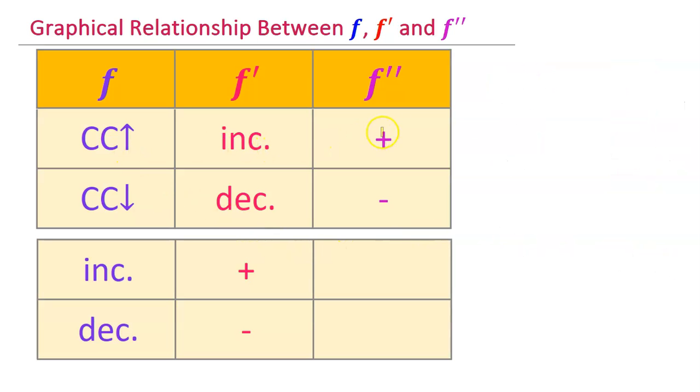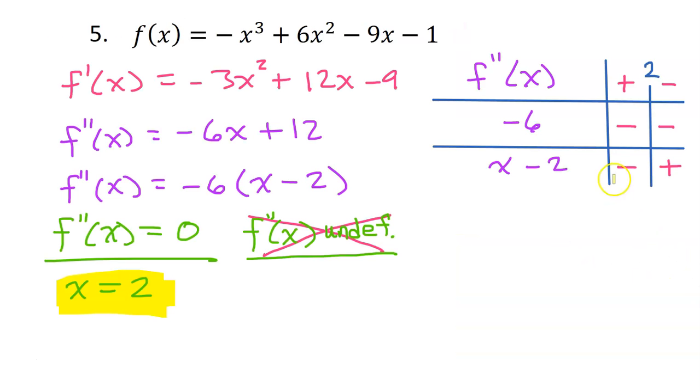When it comes to concavity, if f double prime is positive, then f is concave up. If f double prime is negative, f is concave down. That means function f should be concave up in this interval from negative infinity to 2. And it should be concave down in this interval from 2 to infinity.